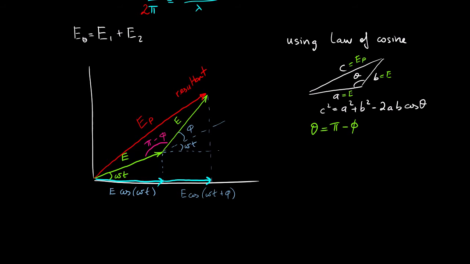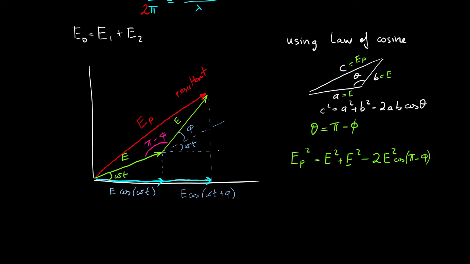Now, considering all this, I can write EP squared equals E squared plus E squared minus 2E squared cosine(pi minus phi).